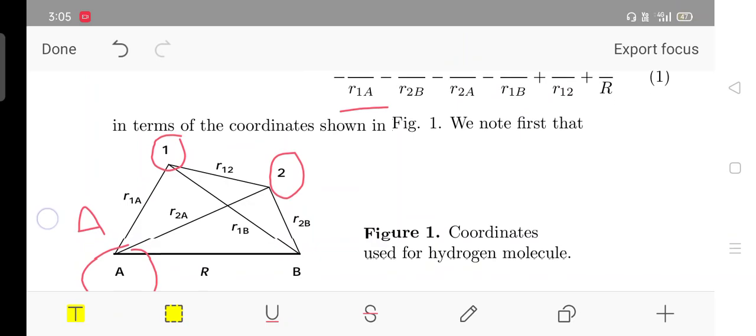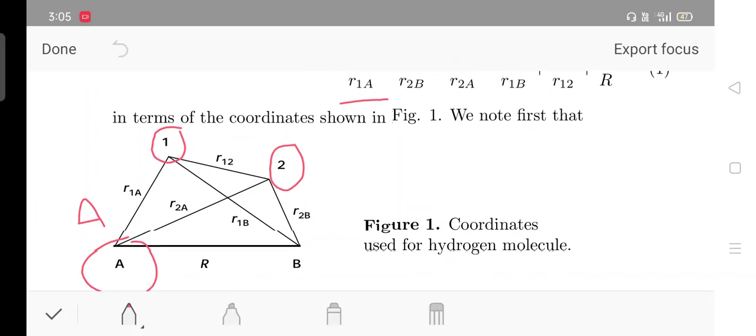Next is the potential between nucleus A and the second electron, minus 1 by R2A, the attractive potential energy. Next is nucleus B and the first electron.